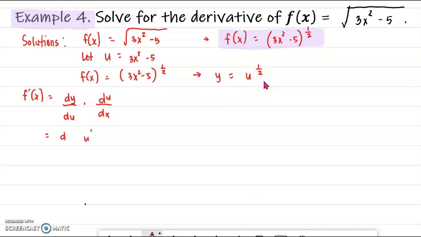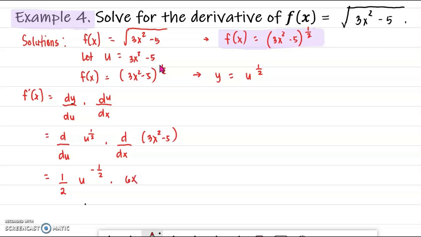So we have u raised to 1/2 with respect to u times the derivative of u, which is 3x squared minus 5 with respect to x. Now the derivative of u raised to 1/2 is 1/2 u raised to 1/2 minus 1, which is negative 1/2, times the derivative of 3x squared minus 5, which is 6x.